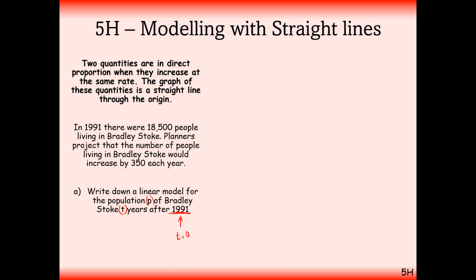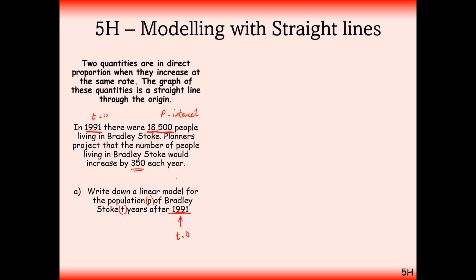All right. So this is our y-intercept, or rather P-intercept, okay? Because at time zero, this is when time is zero. Don't get confused with the number 1991. That's where we're starting our model, and every year there are 350 more people.